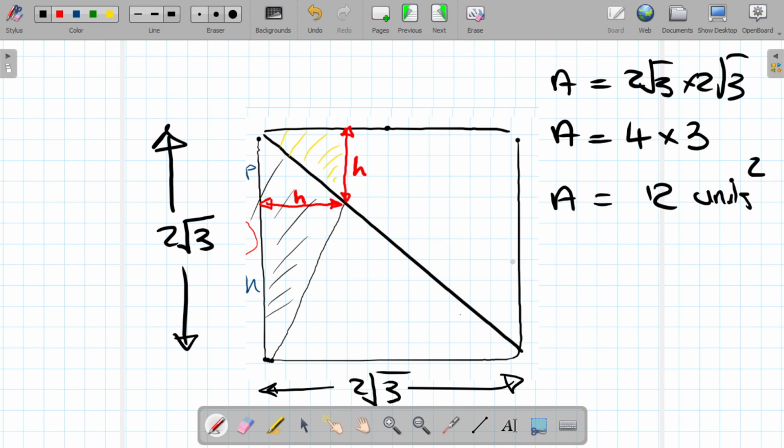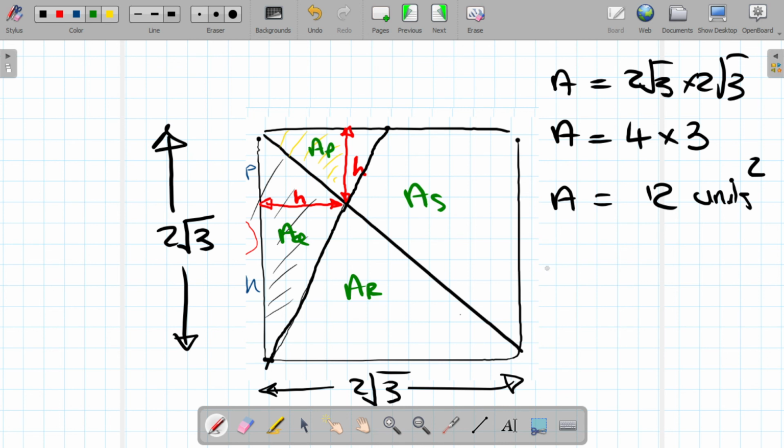So we've got the area of P, area of Q, and the area of R, and the area of S.